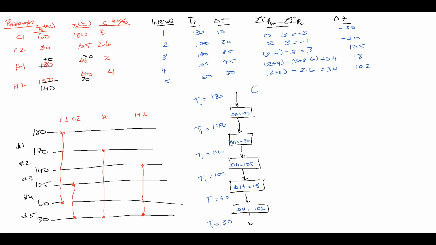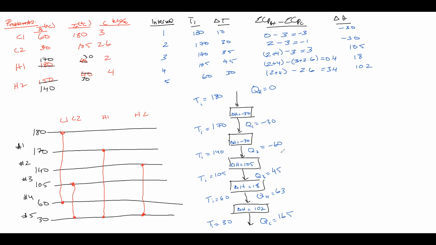And then the first step, I'm going to start QH is equal to 0, and I'm going to determine the pinch point by just calculating the Q at every interval. QH minus 30, so Q1 in this case is minus 30, Q2 minus 30 is minus 60, Q3 minus 60 plus 105 is 45, Q4 45 plus 18, so it's 63, and then QC at the very bottom, 63 plus 102 is what, 165.